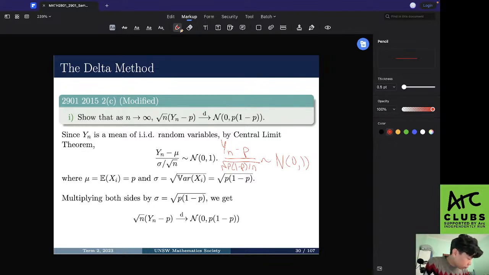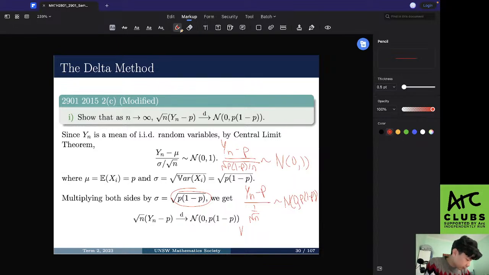And this is equivalent to N(0, 1). Well, if we multiply both sides by this value right here, which is the sigma, we are left with Yn minus p times root n, and this is equivalent to N(0, p times 1 minus p).